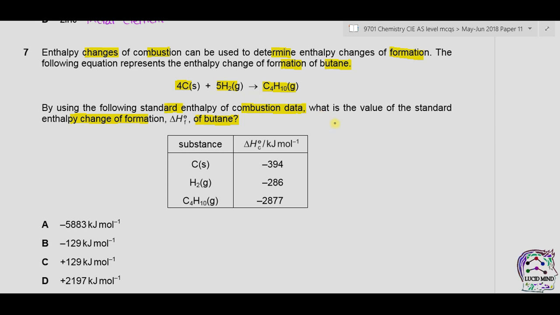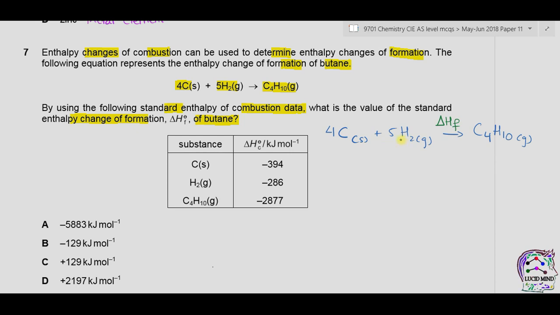We can apply Hess's law to find out the enthalpy change of formation, as this is the equation. We have carbon solid that reacts with hydrogen gas to form C4H10. The enthalpy change of formation is to be found as 1 mole of product is being formed from its reactants in their standard states.